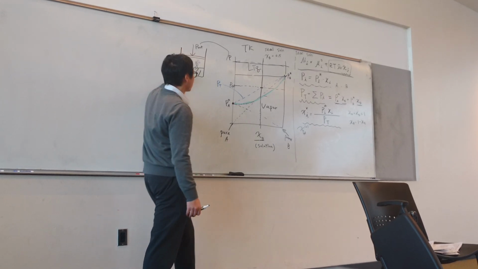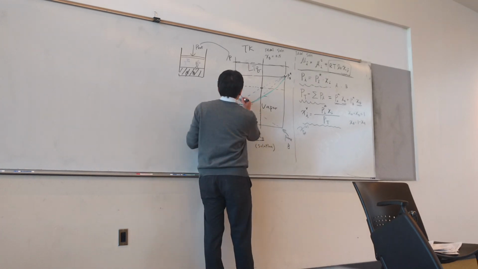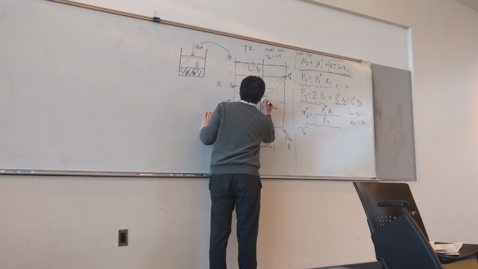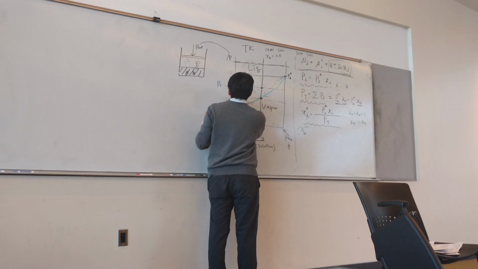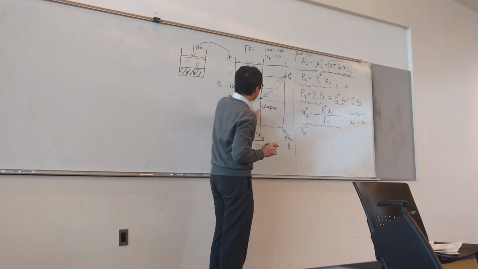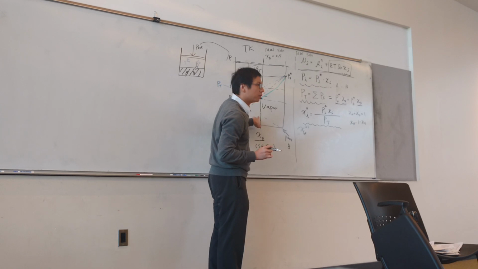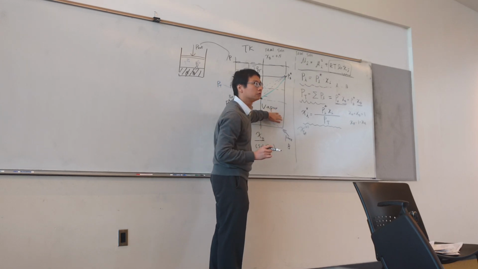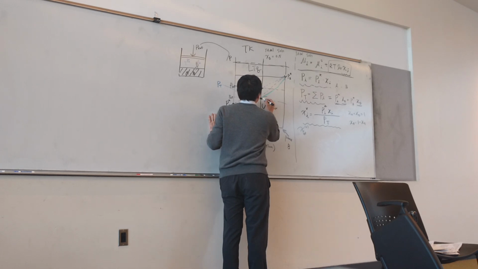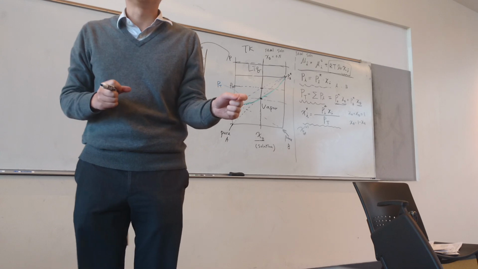And when you keep decreasing up to this point, when you go below this point, all your elements will exist in the vapor form. So here represents the last drop of your liquid becoming vapor.